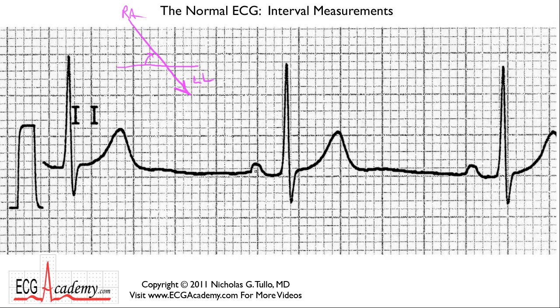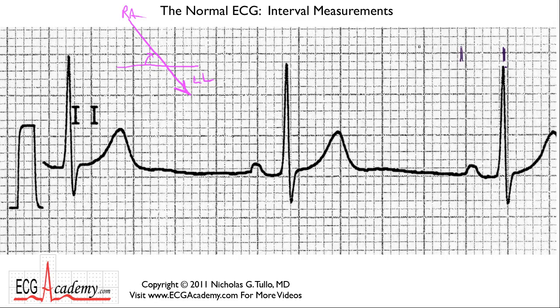What I want to talk about is first measuring the R to R interval. Okay, so find an R to R that's close to a heavy line. Like take this one now, it's off about 20 milliseconds, so you have to take that into consideration. And what I like to do is just look for the same spot on this heavy box.